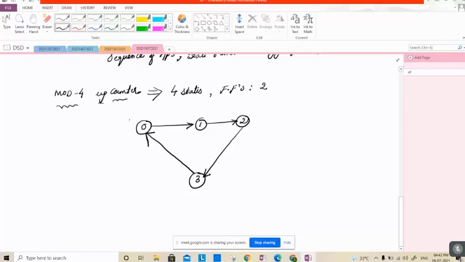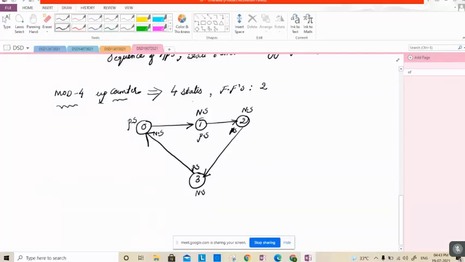Now, if 0 is my present state, what will be my next state? 1. If 1 is my present state, what will be my next state? 2. If 2 is my present state, my next state will be 3. And if 3 is my present state, the next state will be 0. This is it.